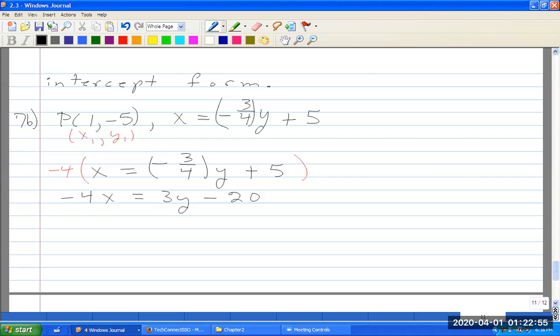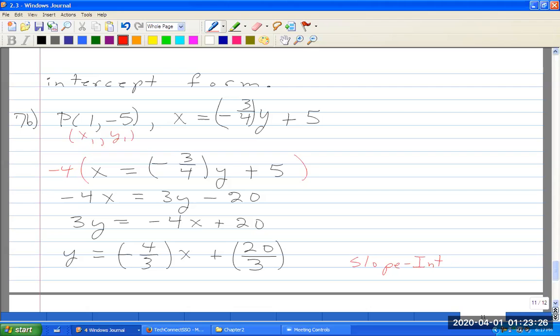Add 20 to both sides of your equation. So 3y equals negative 4x plus 20. Divide both sides of my equation by 3. So y equals negative 4/3 x plus 20 over 3. And so this is now in the slope-intercept form.